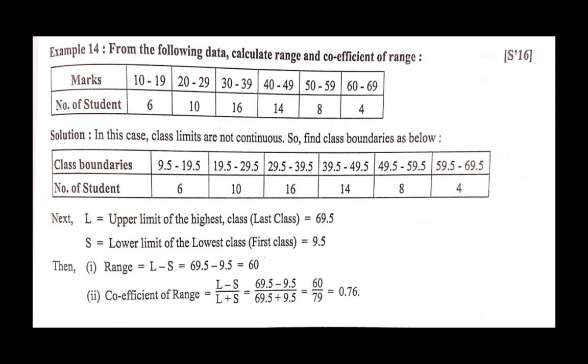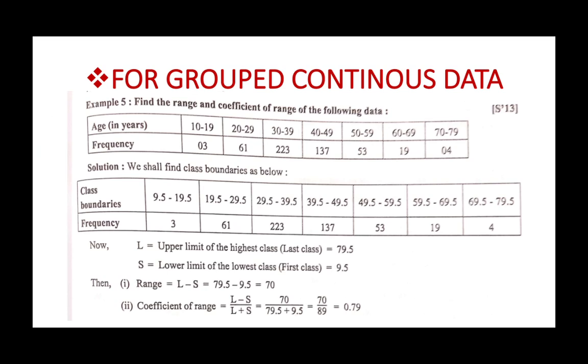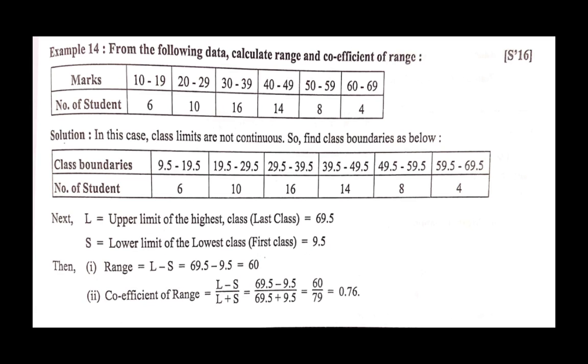This is not the right method. You are getting my point? We are not using the frequency, but frequency has an impact on the x values, and we are totally neglecting it, and hence range is not a proper measure of dispersion.